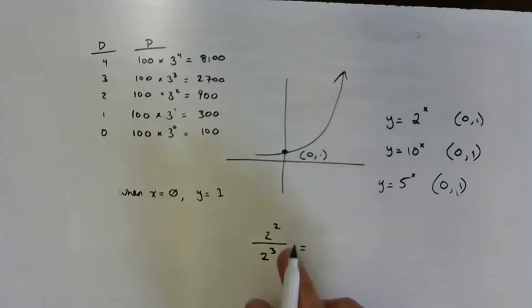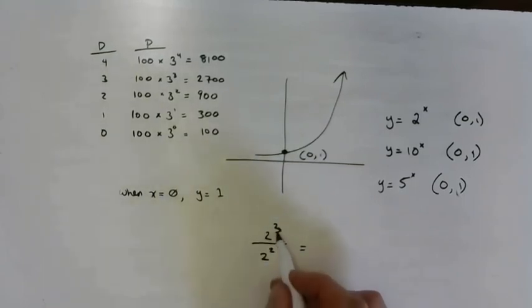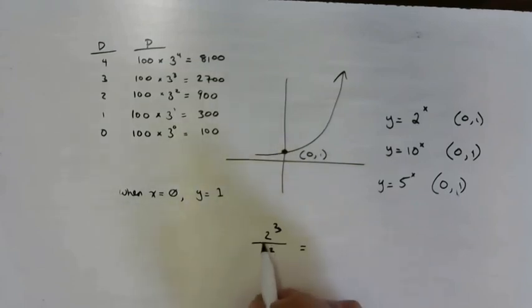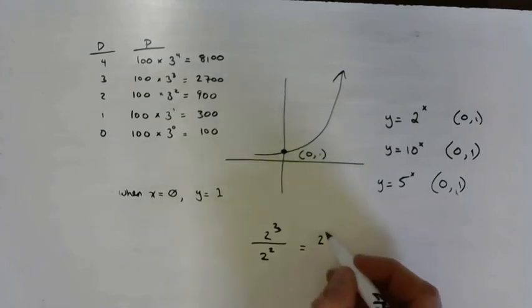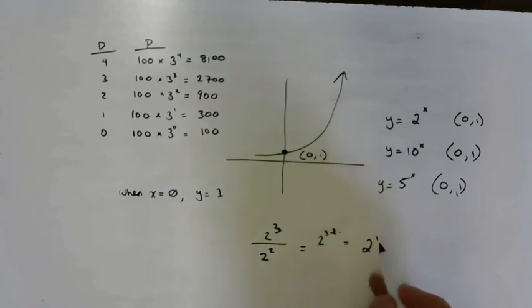I'll do 3 and 2. The rule for this is basically there are 3 factors of 2 here and 2 factors here. What you end up getting is 2 to the power of 3 minus 2. Does that make sense? 2 to the power of 3 minus 2, which is 2 to the power of 1.